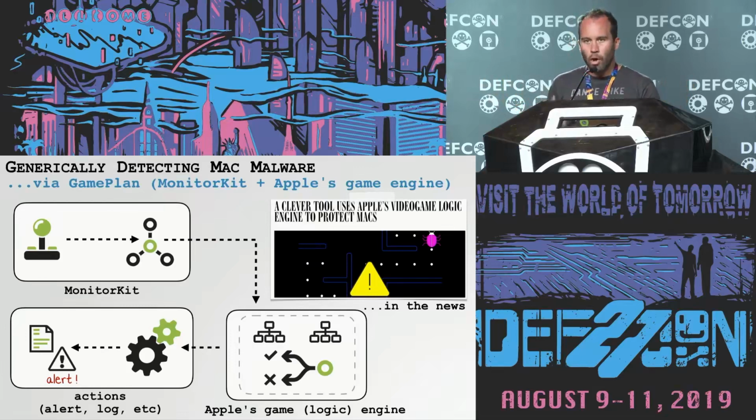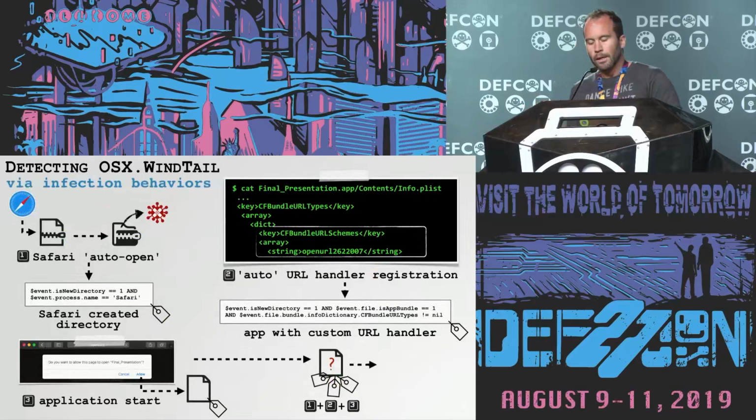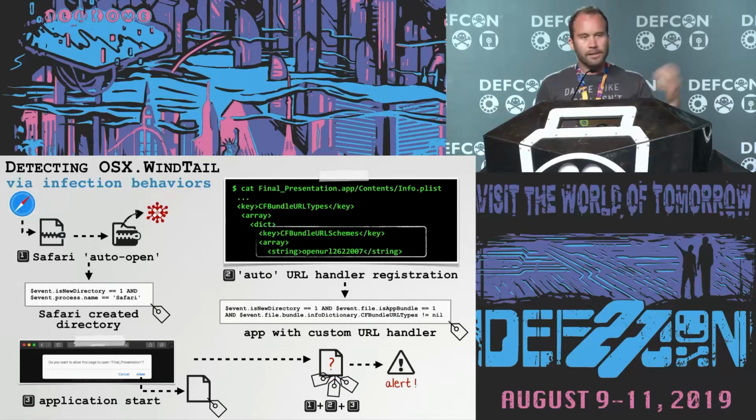It's important to note you can use these in other security tools as well. This is not specific to our product per se. Using this system, we can generically and rather trivially detect all the repurposed malware we talked about today. For example, Wintail: we can detect its exploitation vector by observing the fact that Safari downloads and then auto-extracts an application.